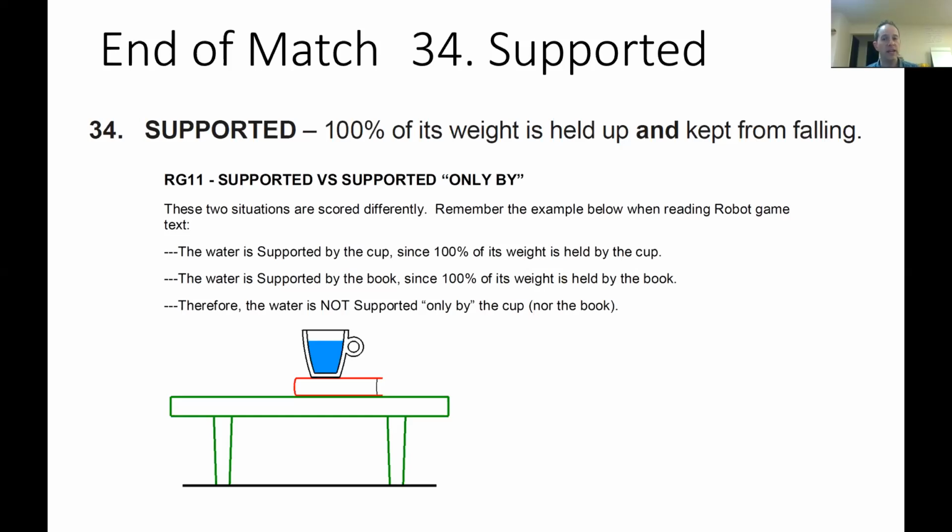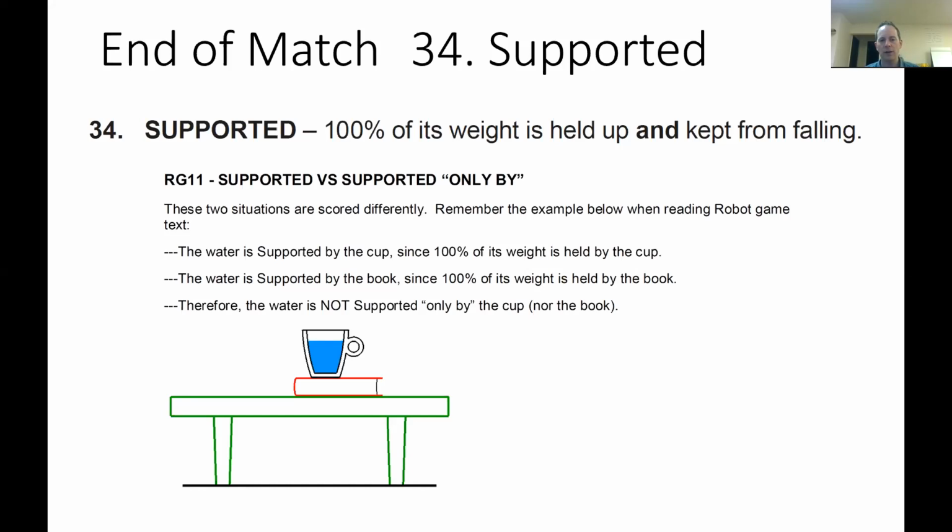By this ruling, it's supposed to be supported only by the blue beams, but the blue beams are supported by the pins that they're attached to, and the pins are supported by the frame, which is supported by the dual lock. And as I read this, in this demonstration, if the water is not supported only by the cup, then that would pretty much make that mission impossible.